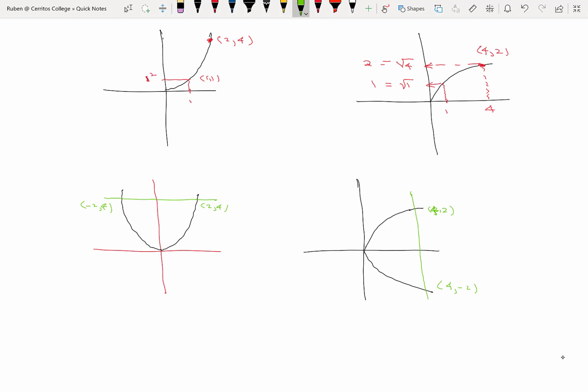So if a function doesn't pass a horizontal line test, then its inverse, quote unquote, won't pass the vertical line test. However, if I physically remove from the function that part of the function that makes that function not pass the horizontal line test, then I will be removing the part from the inverse that doesn't make the inverse a function.